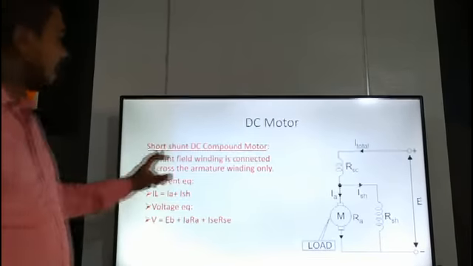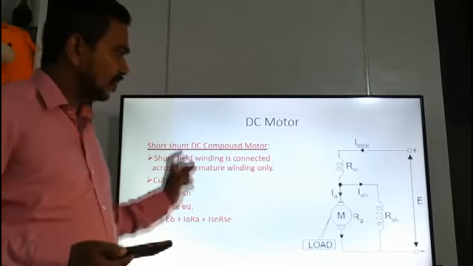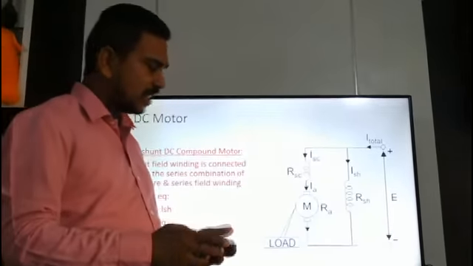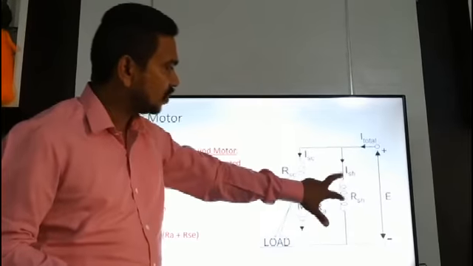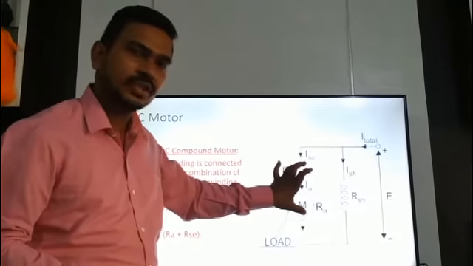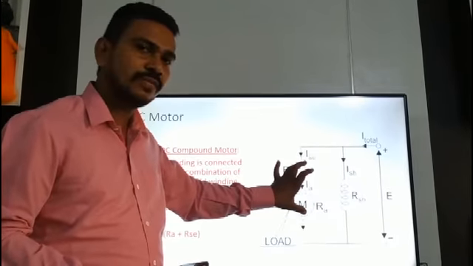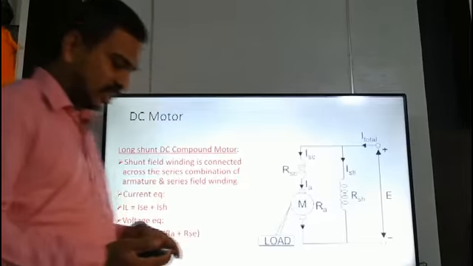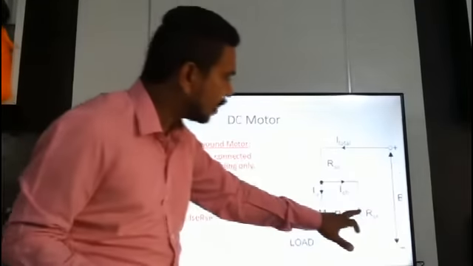Now second is the short shunt DC compound motor. If we look at the circuit of the long shunt, the shunt field winding is connected across the series combination of these two. Whereas in short shunt, what happens?